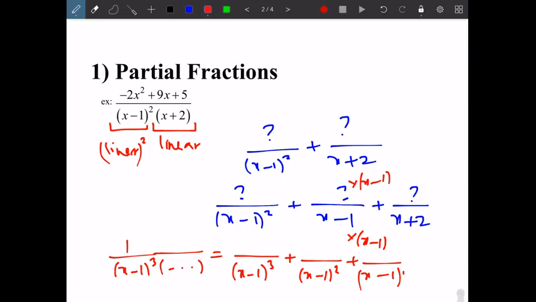because these factors have (x minus 1) to the 4 as a common factor. Now, of course, the decomposition does not necessarily have all of them. For example, over here, I could end up having 0 at the numerator, and then eliminating this fraction from the sum. But I cannot assume at the beginning that the fraction is not there.